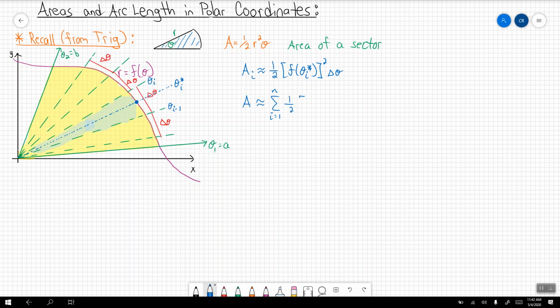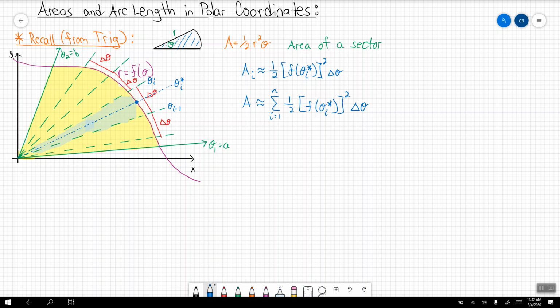That's going to be 1/2 multiplied by the radius of each individual sample point squared, multiplied by delta theta. This should give us a very good approximation for this specific area in yellow.